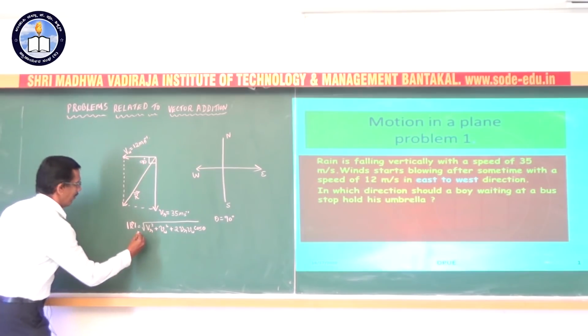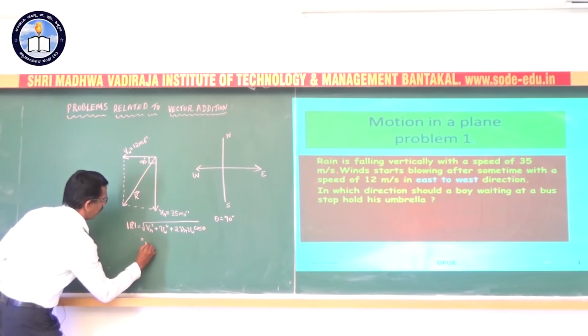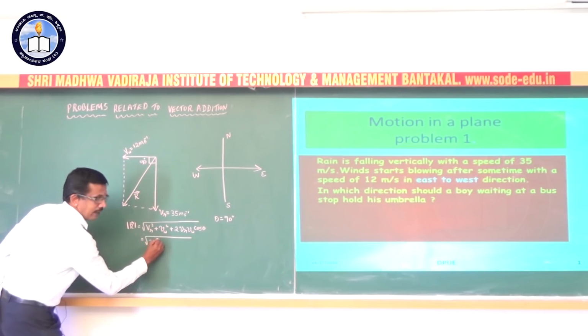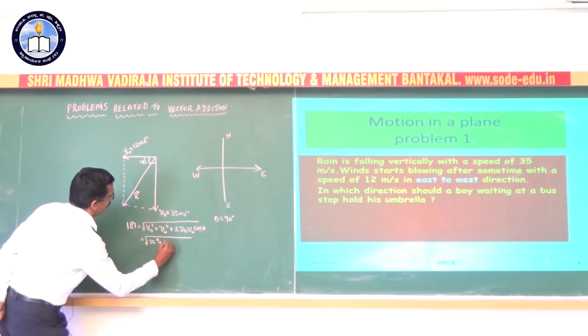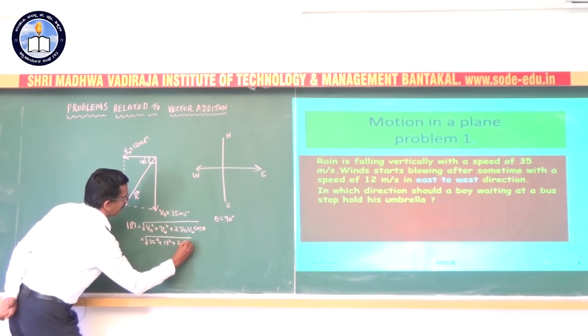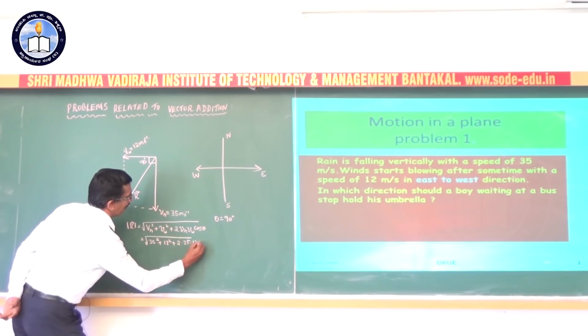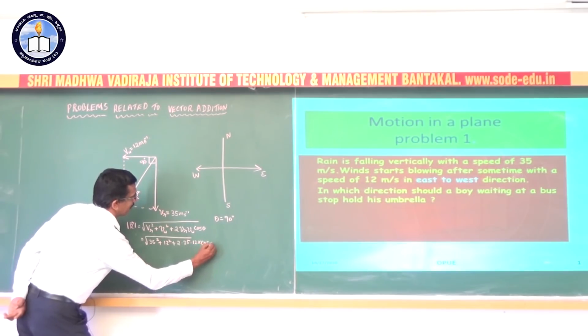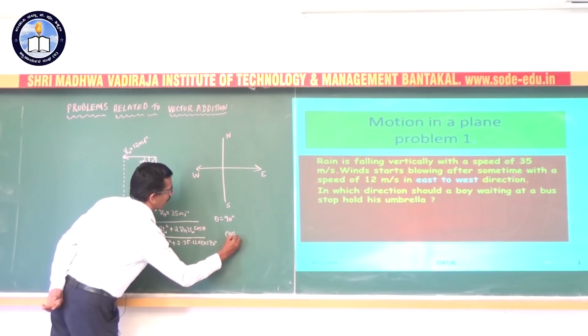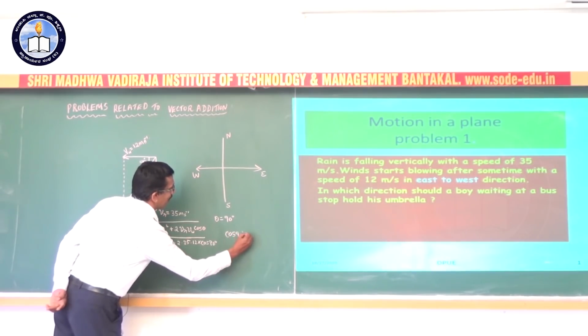So, the value works out to be root of 35 square plus 12 square plus 2 into 35 into 12 into cos 90. What is the value of cos 90 degree? We know cos 90 degree is 0.